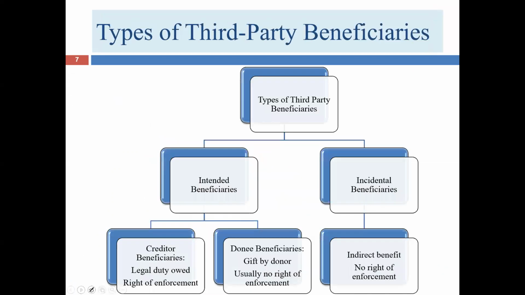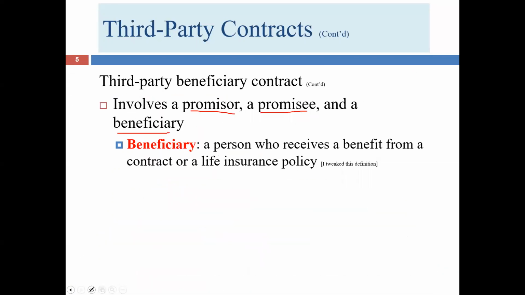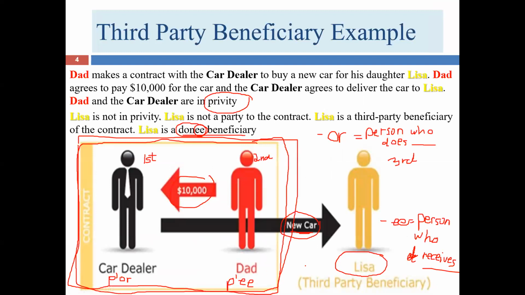and the gift isn't going to the intended donee. But let's imagine a different scenario. Let's say this time Dad is giving the car to Lisa right before spring break. After all, she's going to need some wheels to get down to South Padre. So the car dealer gets the car to Lisa, say, the day before the long road trip. Lisa gets to South Padre. She gets into trouble. Now Dad is pretty mad at the car dealer.